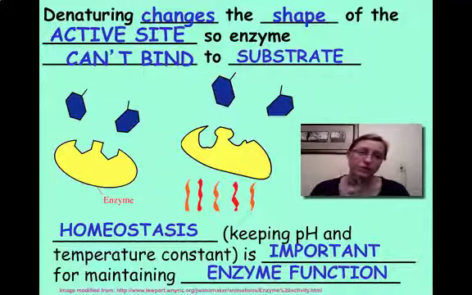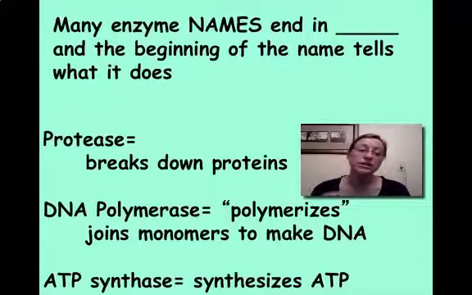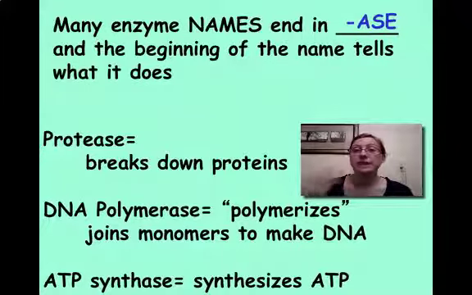So two themes there. We talked about homeostasis, and we talked about the fact that when you change the structure of something, you alter its function. So again, structure and function are related. Just a little hint, as you're reading things, you want to zero in on enzymes. Most enzymes end in an ASE ending. And what that means is it is an enzyme that does blank.